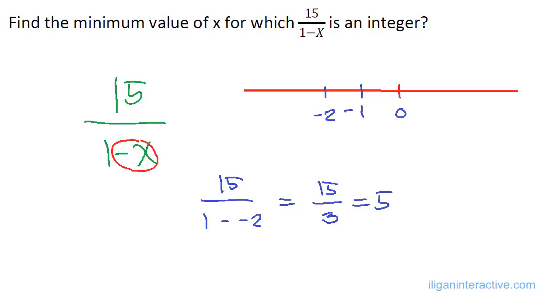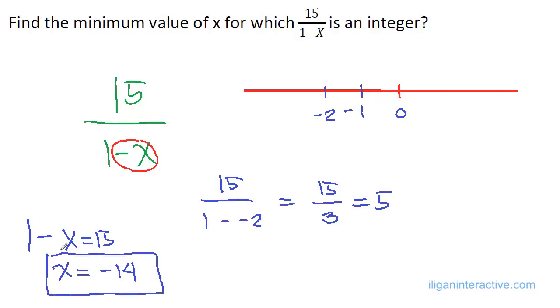So that gives us 1 minus x is 15, and that will then tell us that x must be equal to, not 16, but x will be negative 14, I mean. Right? From here, clearly x is equal to negative 14. Okay, so the answer will be x equal to negative 14.